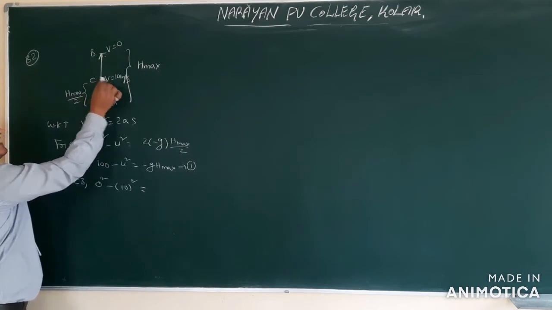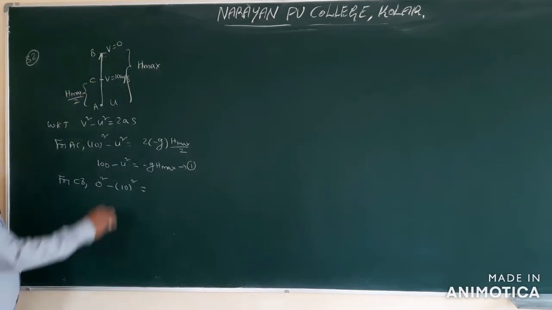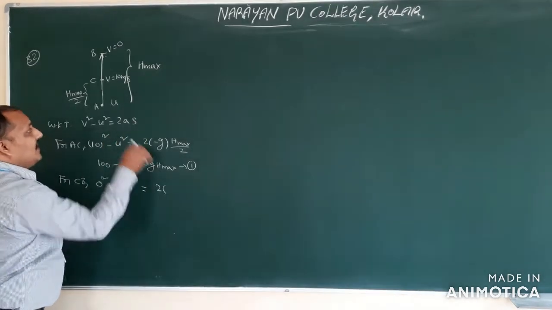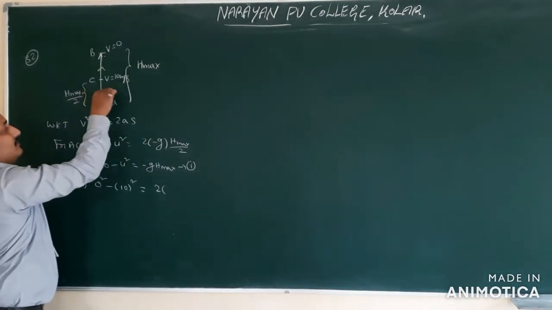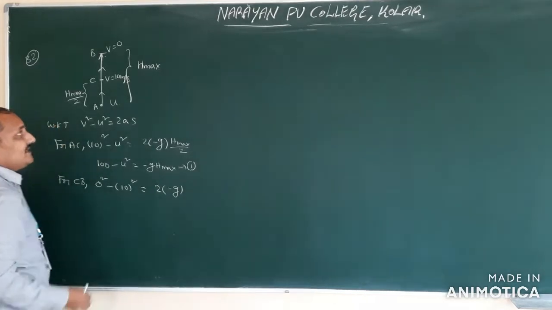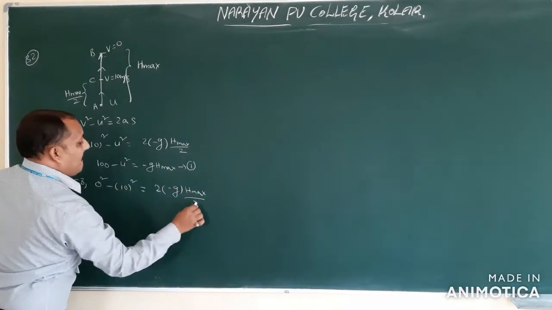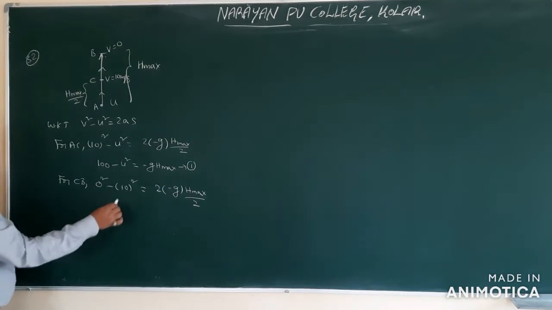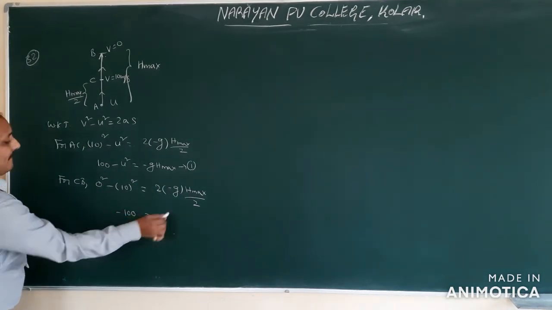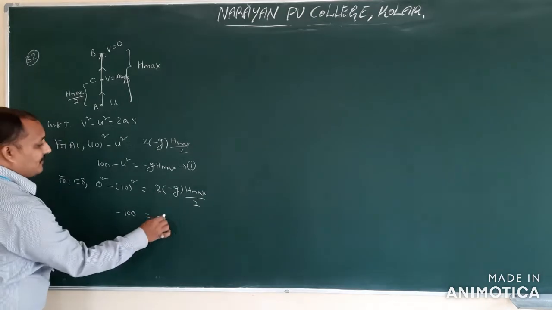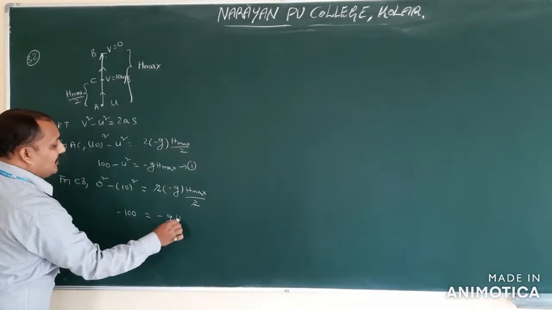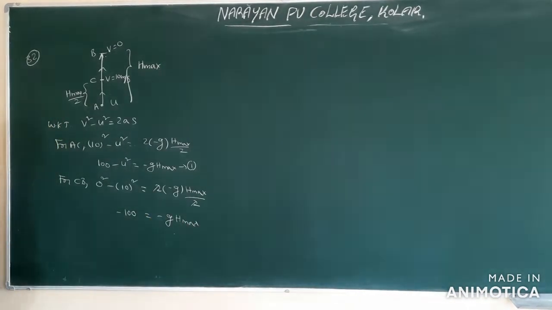At C, initial velocity is 10 meter per second. So 2as. Still the object is going upwards, therefore minus g. So C to B, what is the height? H maximum by 2. So what you got here? Minus 100 is equal to minus g into h maximum.